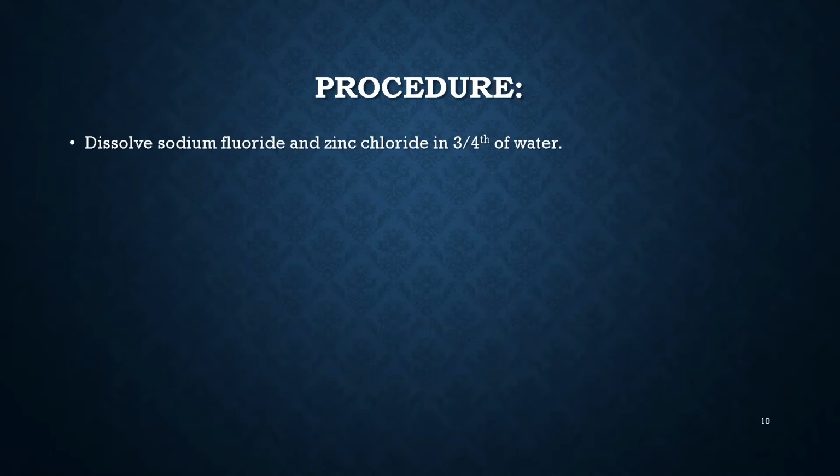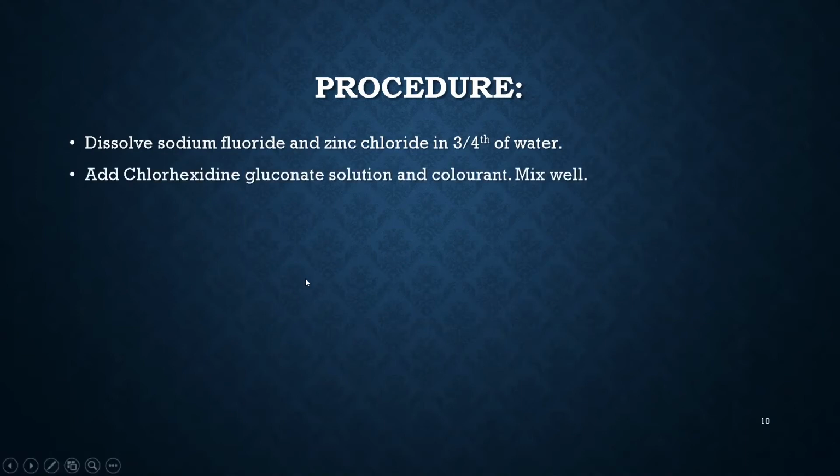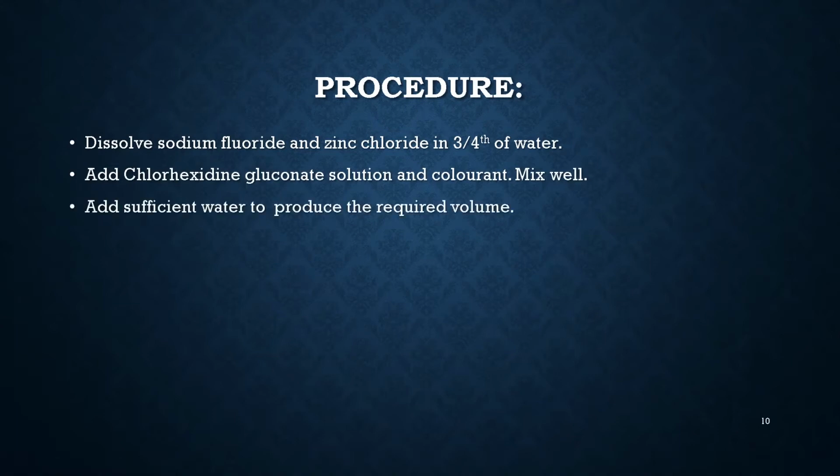I hope you have understood the procedure. Now we will quickly see the procedure. Dissolve sodium fluoride and zinc chloride in 3/4 volume of water. Add chlorhexidine gluconate solution and colorant, mix well, and add sufficient water to produce the required volume. The category of this preparation is antiseptic and anti-plaque.